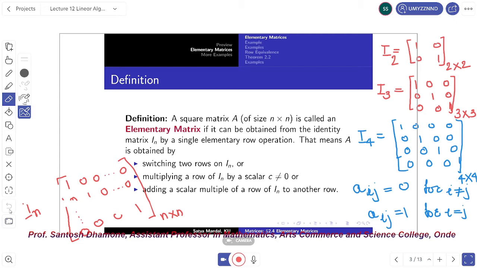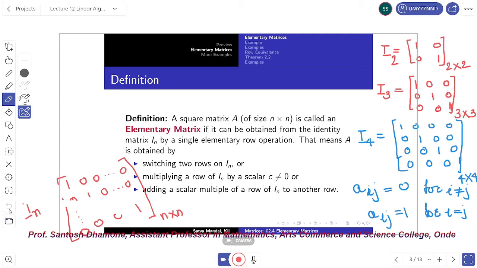And we get [0 0 1; 0 1 0; 1 0 0]. This is the matrix obtained from I3 by interchanging two rows.